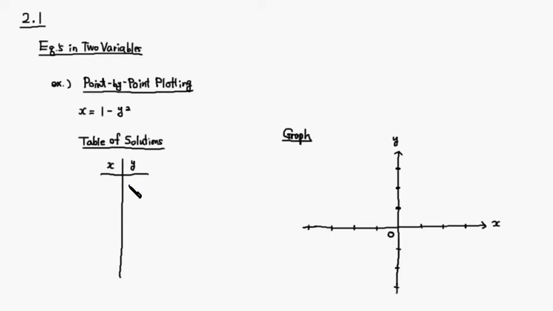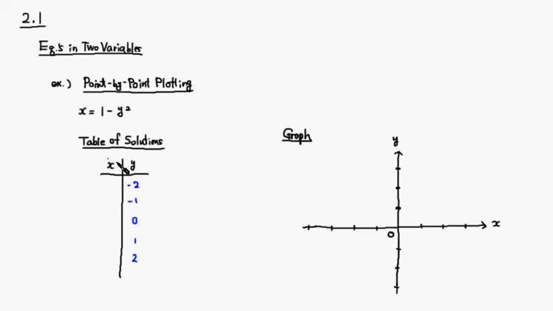So let's try -2, -1, 0, 1, and 2. You can try more values to have more points, but I'll go with 5.